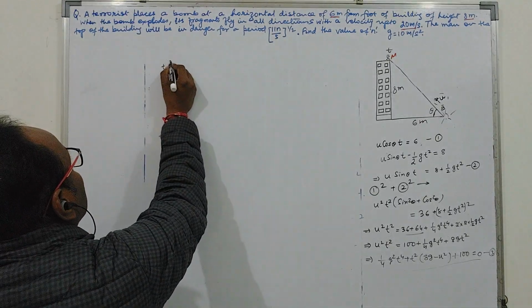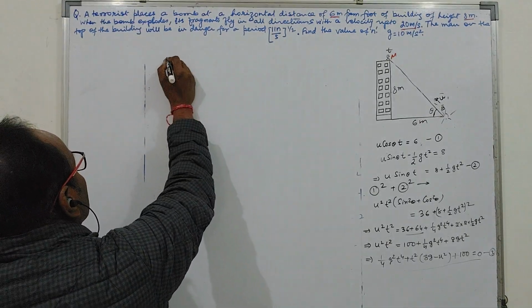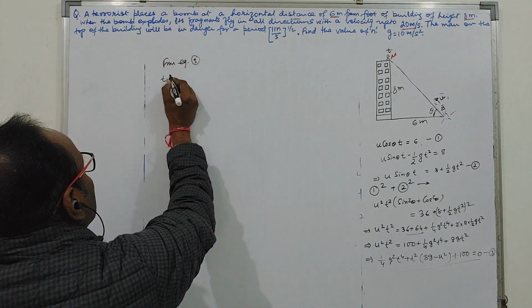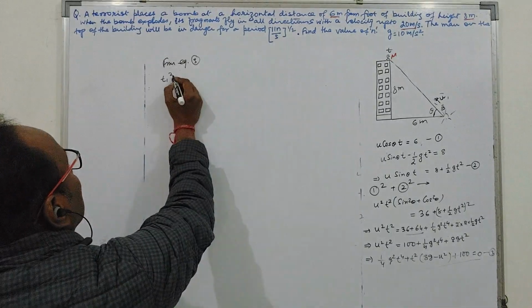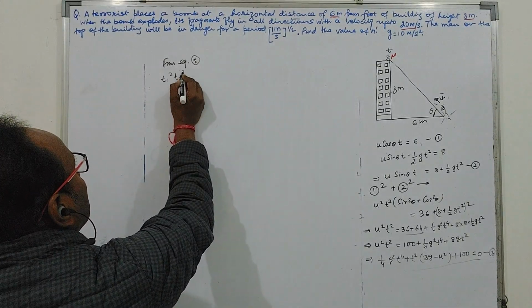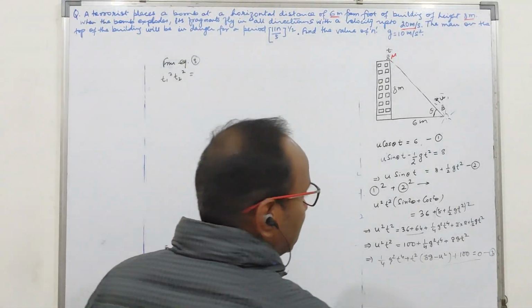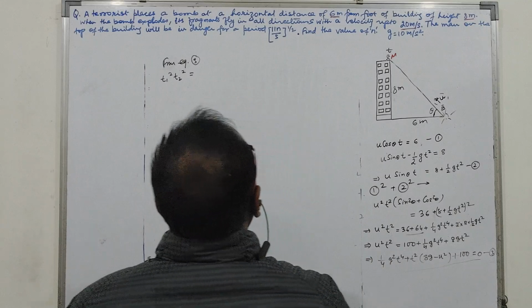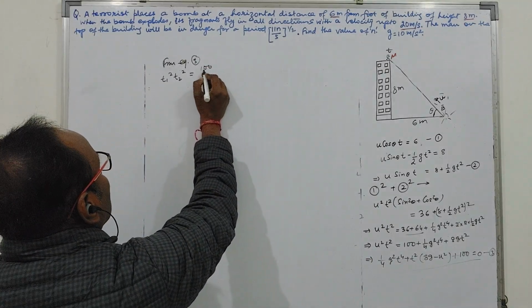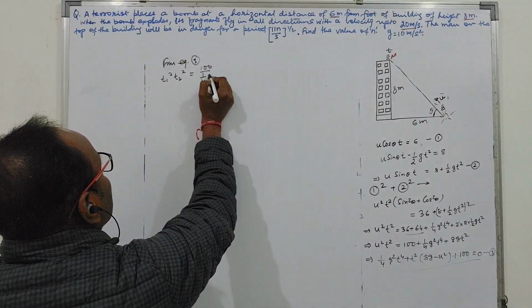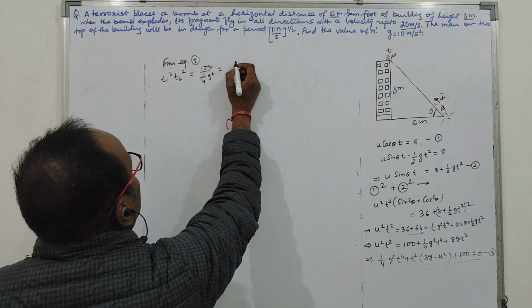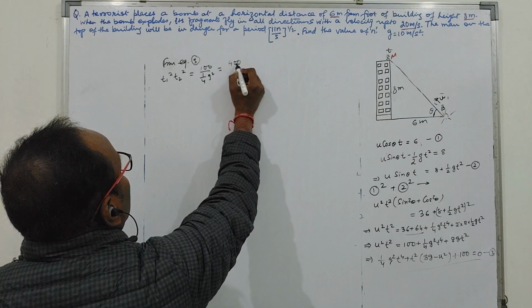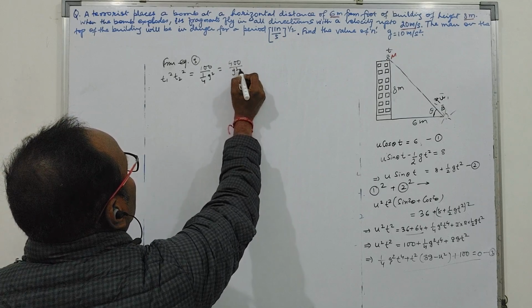So our t1 square, from equation 3, let us write like this. T1 square t2 square will be c by a. C is your 100, a is your 1 by 4 g square. So this is your 400 by g square.